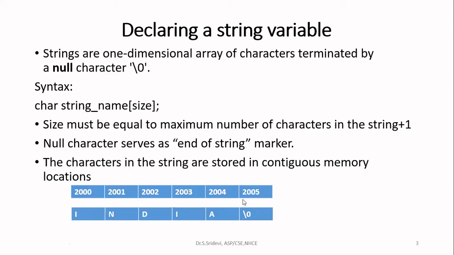Every character is going to occupy 1 memory location. So totally, if you want to store the message India, you have to allocate 6 memory locations. Now, if you see the addresses, all the addresses are continuous. I am starting with 2000 and ending with 2005. Totally 6 addresses are allocated for this particular string.